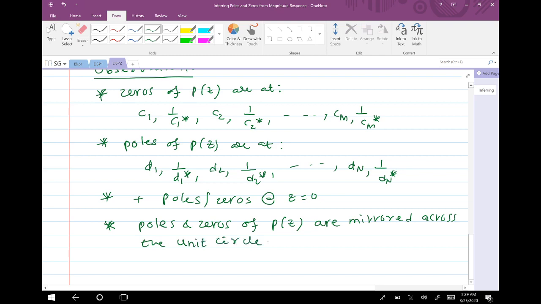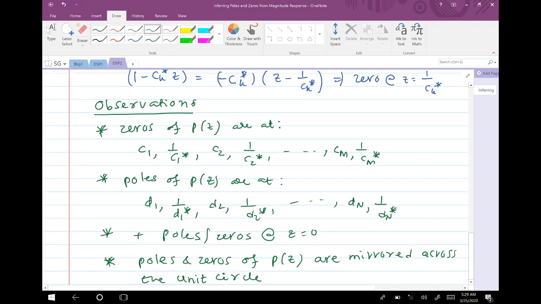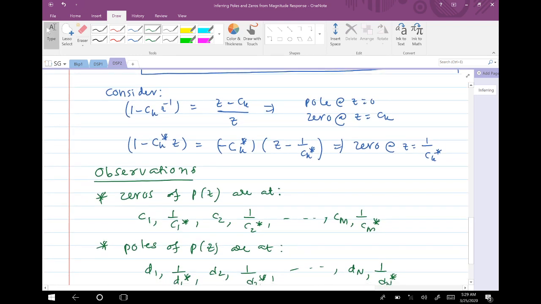This is a very important point. Take a look here. Whichever the magnitude of c1, as long as it is less than 1, you have that inside the unit circle, and 1 by c1 conjugate would go outside.